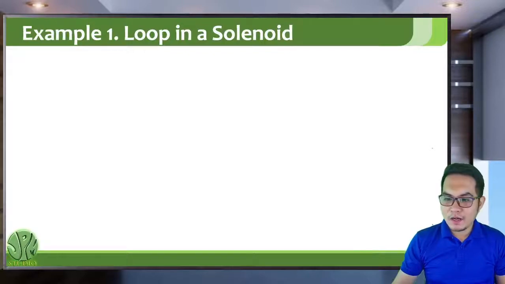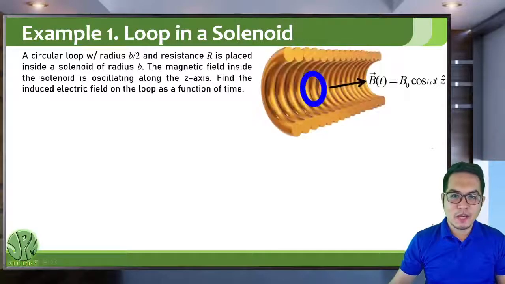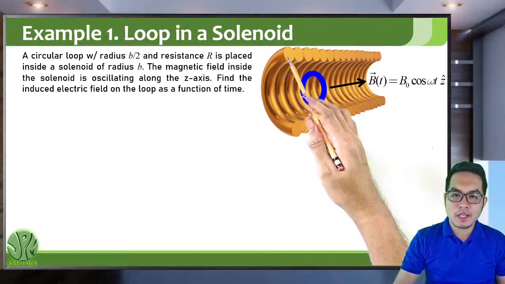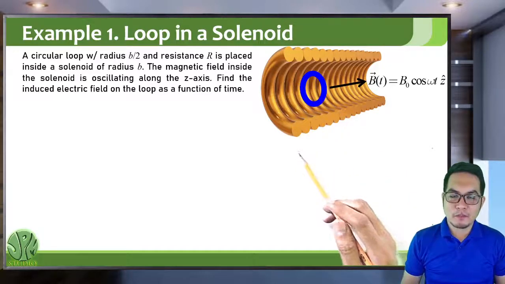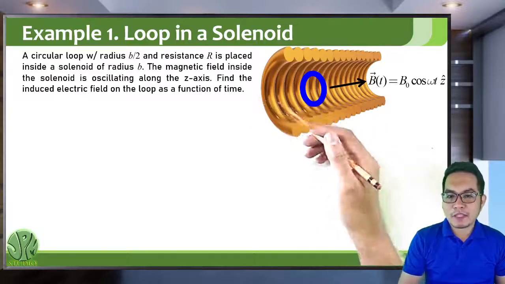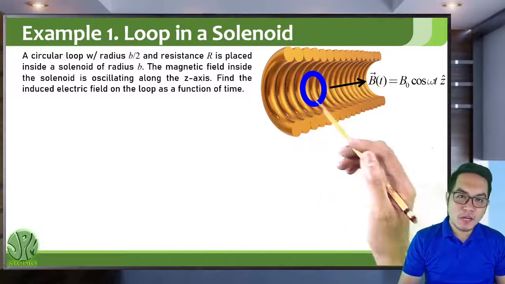Okay. For this first example, we have a loop in a solenoid. This is our solenoid, and it is carrying an alternating current, meaning the magnetic field inside the solenoid is also alternating.